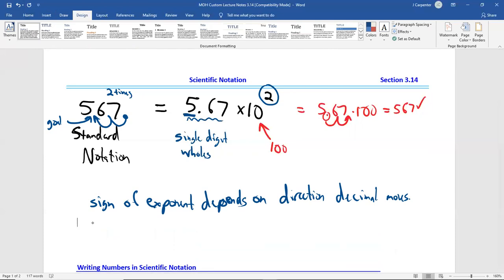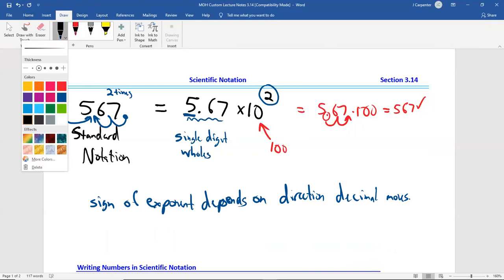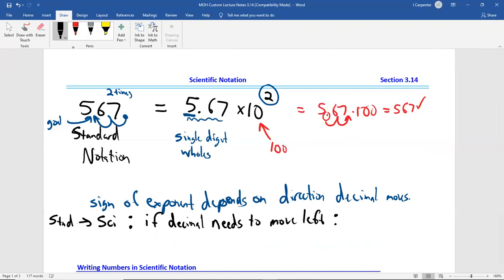So, going from standard to scientific, if the decimal needs to move left, it is a positive exponent.